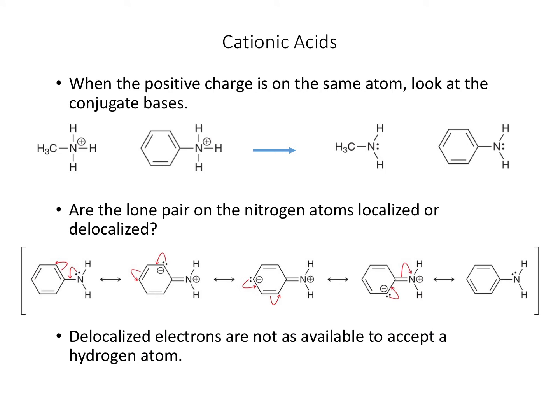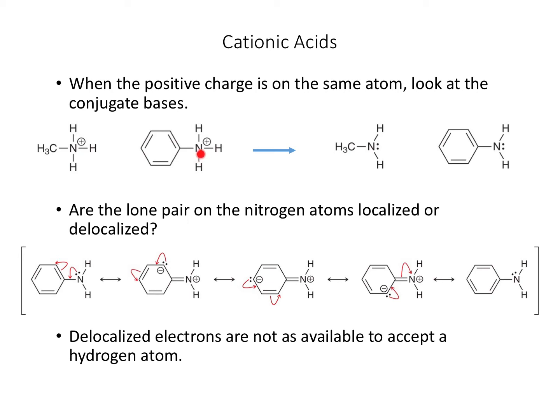So when the positive charge in our cationic acids is on different atoms, it's pretty easy. We just use the electronegativity. When the positive charge is on the same atoms, then it's not so easy. In this case, we're going to look at the conjugate bases. For example, if they gave me these two acids and asked me which one is stronger, the first thing I'd look at is what type of atom the positive charge is on.